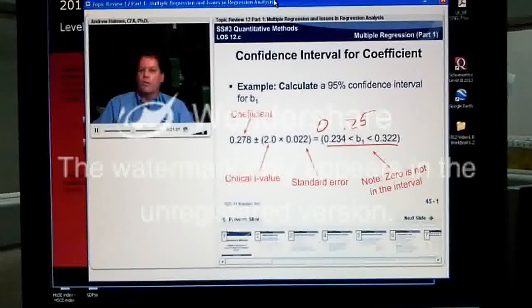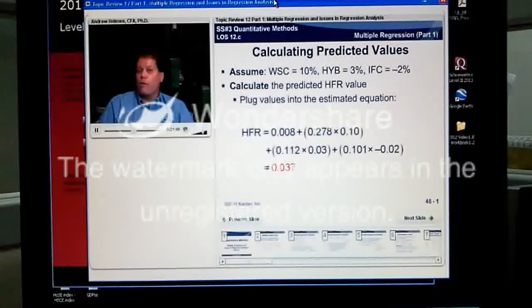Just like we've seen in all of our previous calculations of confidence intervals, and like we're going to see in all future calculations, it's a point estimate plus and minus a quantity based on reliability, in this case a t-value, and variability, the standard error here. So that gives us a confidence interval, and we can see now that we have 3 ways to test that. We can look at confidence intervals, we can look at p-values, or the most common is to simply do a t-test or a hypothesis test.